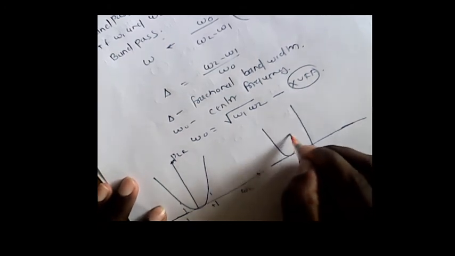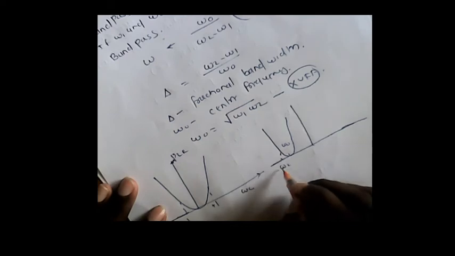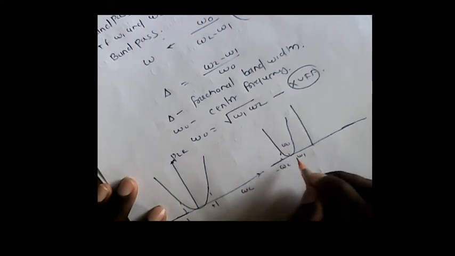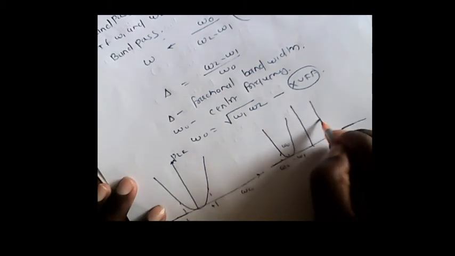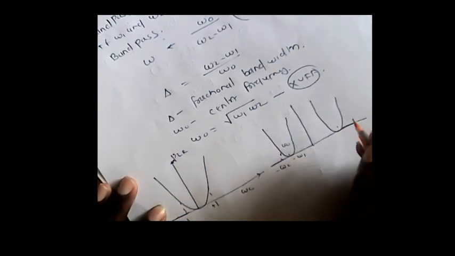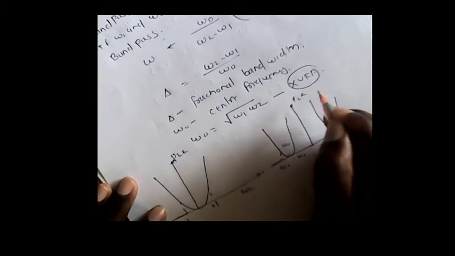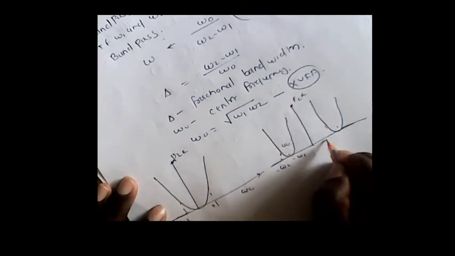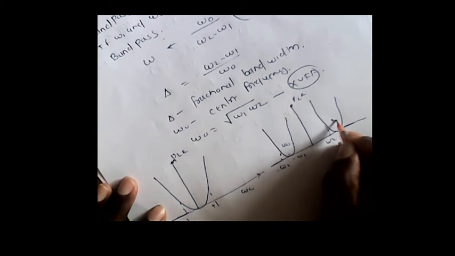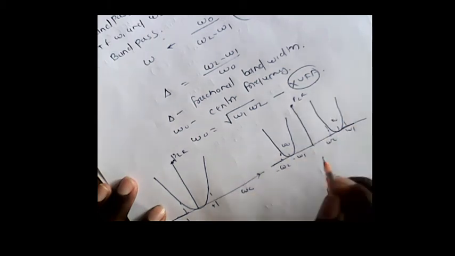Here omega 0 is the center frequency, omega 2 and omega 1 are the edge frequencies.